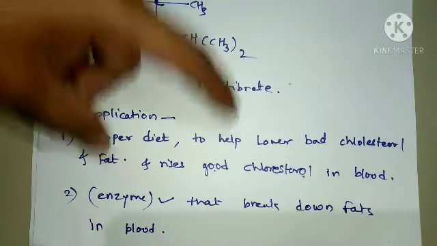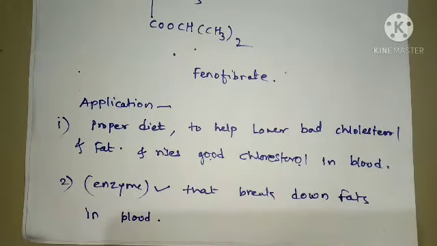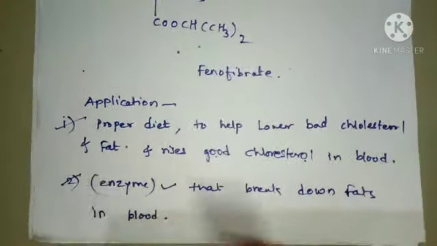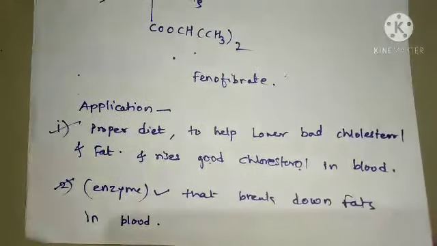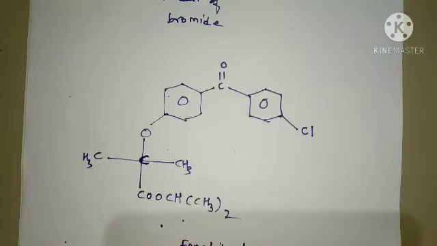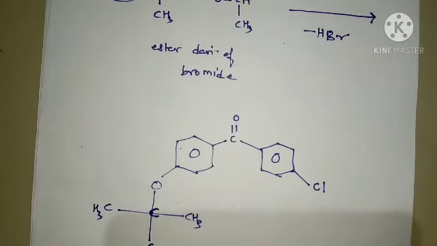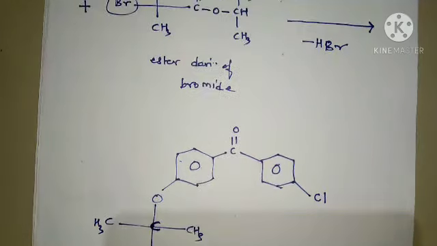Okay, so both are the applications of fenofibrate. In this lecture we completed the two syntheses, that is the synthesis of labetalol and its application, and another very important one, the synthesis of fenofibrate and its application. Okay, thank you.